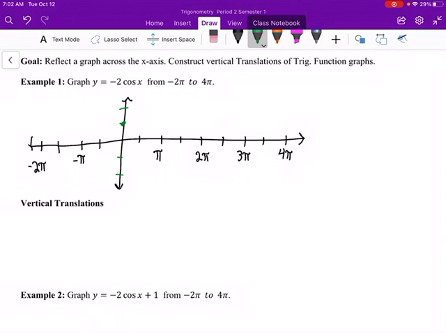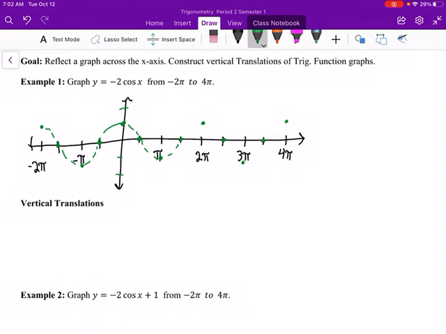Go down, or start at 1, sorry. Go down to 0, down to -1, back up to 0. So our parent function never changes. That's always going to be the same for our cosine function. So that is what our parent graph would look like.